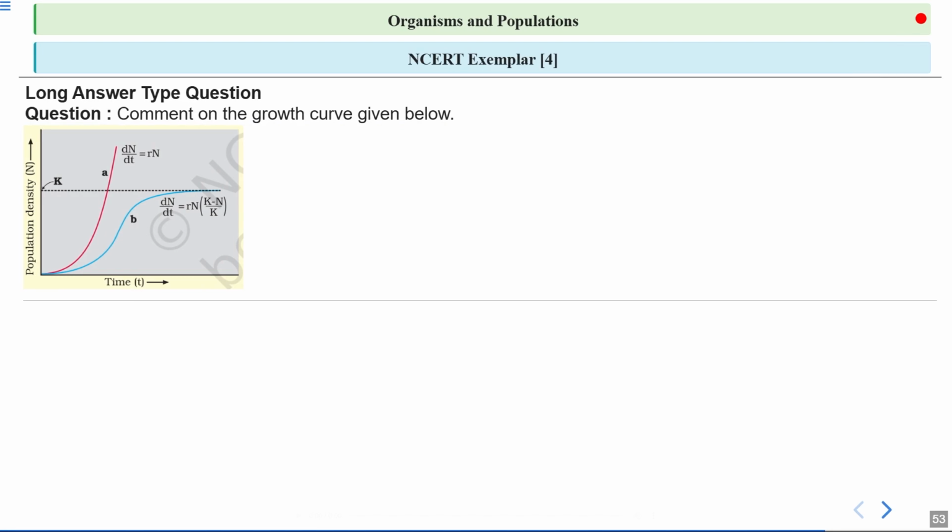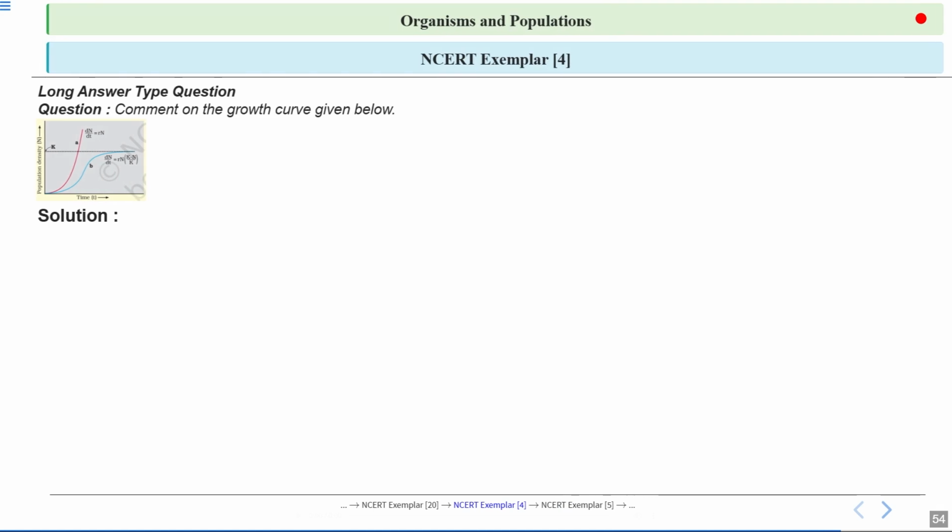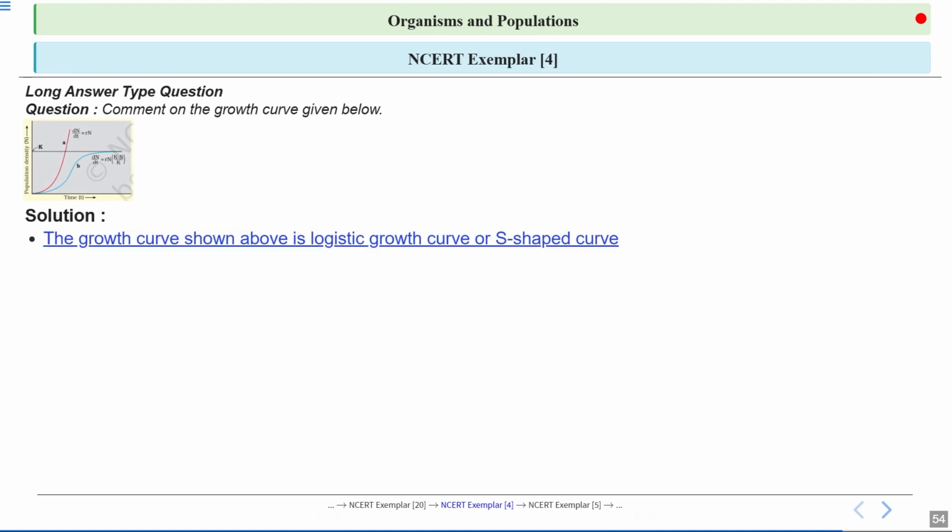Next question, you have to comment on the growth curve given below. Let's have a look at the answer. First, let's identify the type of growth curve shown. This is the logistic growth curve here, which is S-shaped.